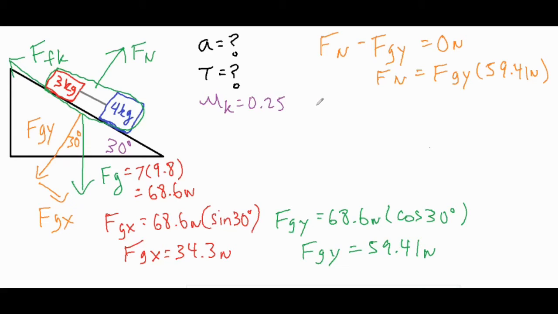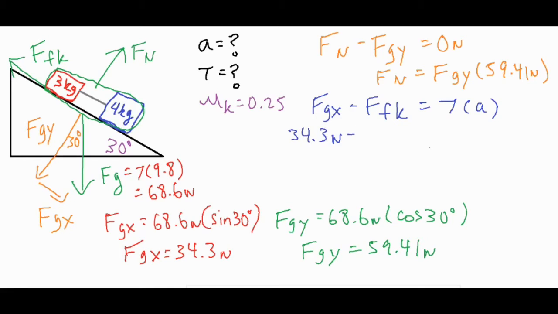So in the parallel direction, we have our FGX driving our masses down the ramp. We have the force of kinetic friction slowing them down, and that is equal to the mass of the entire system, which is 7 times A. Now for our FGX, we did already get that. That is 34.3 newtons.